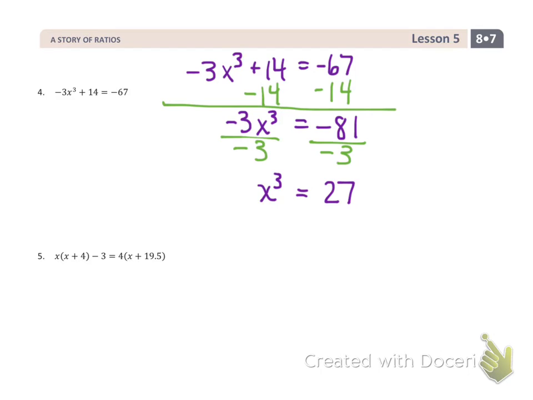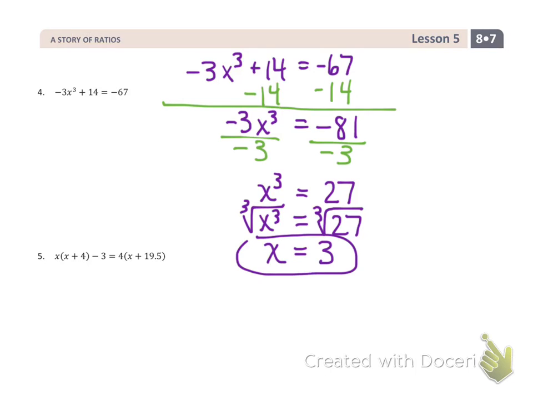And then when I take the cube root of both sides of that equation, cube root of x cubed is x. The cube root of 27 is 3. So x is equal to 3.